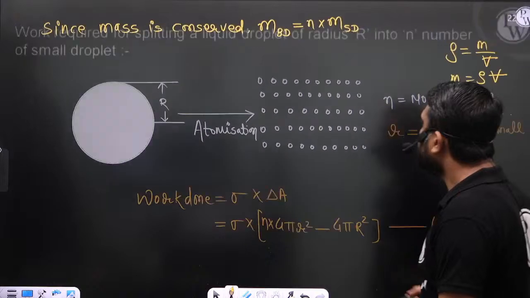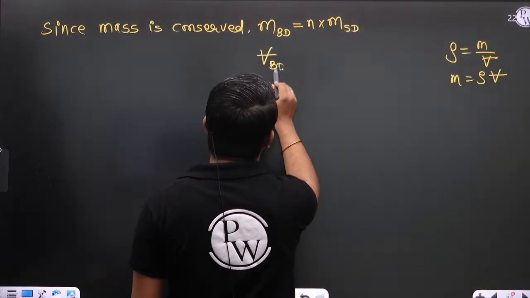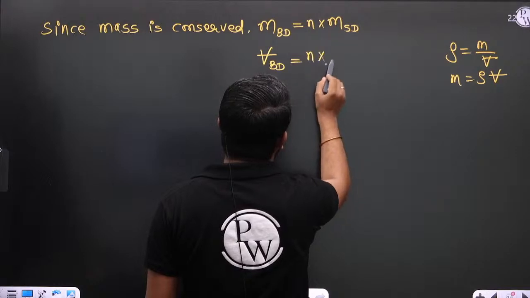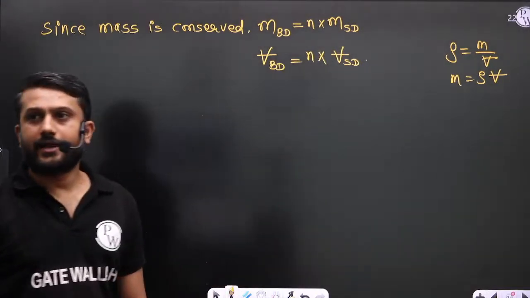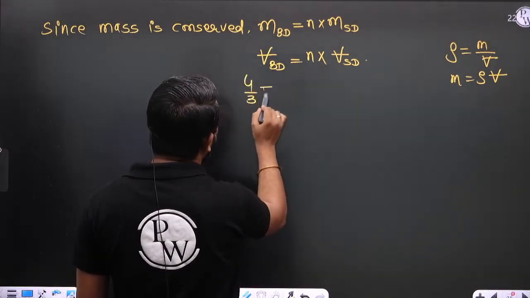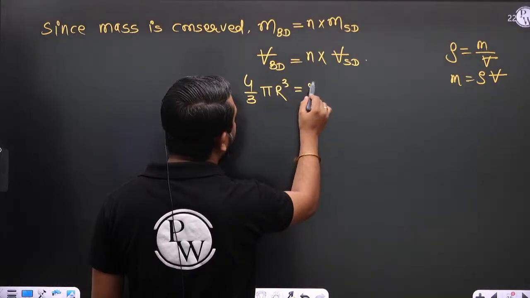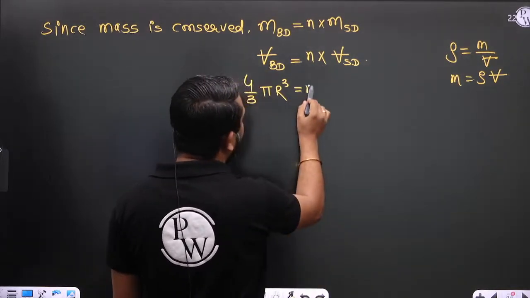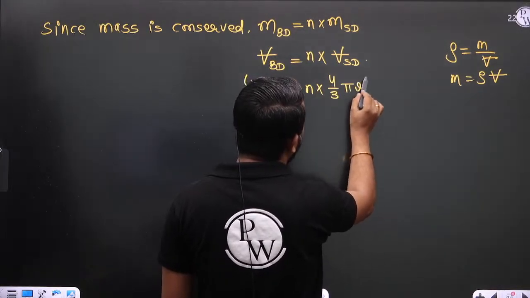So simply, the volume of the bigger droplet equals n times the volume of the smaller droplet. The volume of the bigger droplet is 4 by 3 pi R cube, and the volume of the smaller droplet is n multiplied by 4 by 3 pi small r cube.